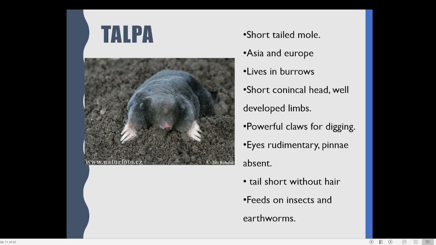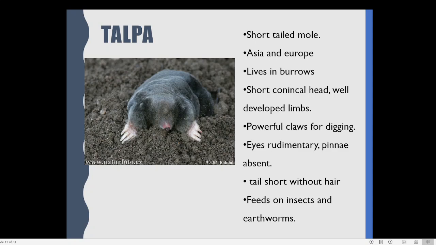So to avoid that, nature has gradually reduced the size of the pinna. Now in most of the burrowing animals, we cannot find any pinna. So here also you can see the pinna is absent. But the middle ear, tympanum and internal ear will all be present. Only the pinna is absent.